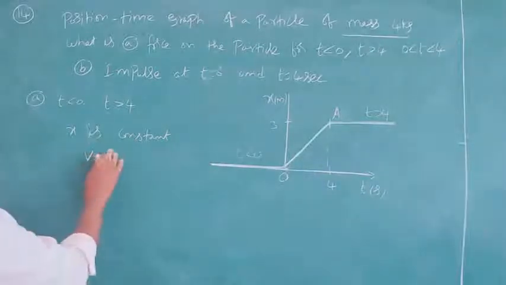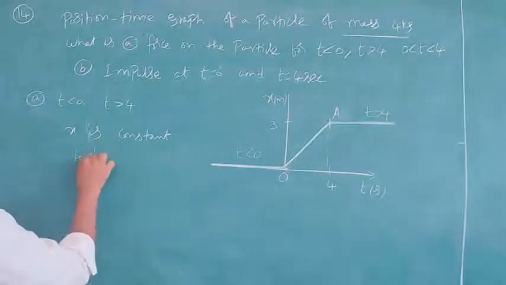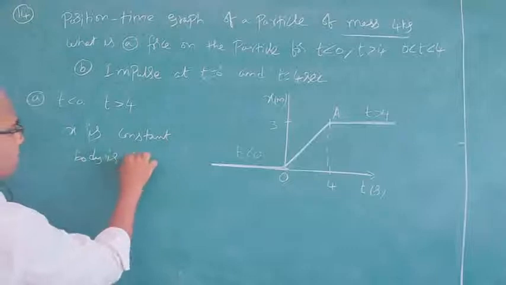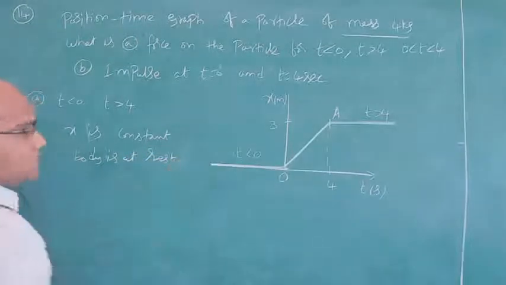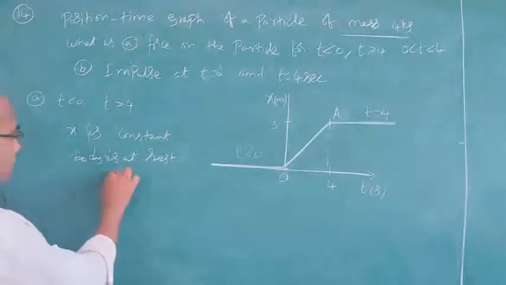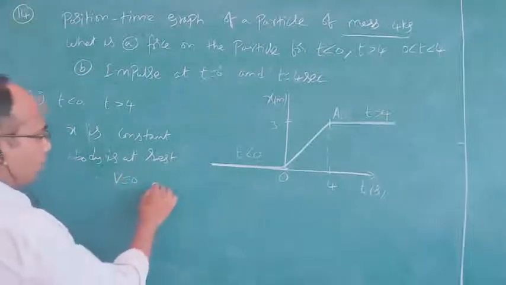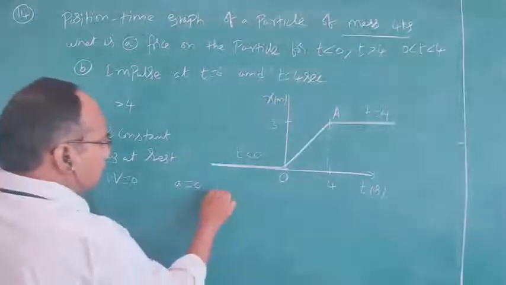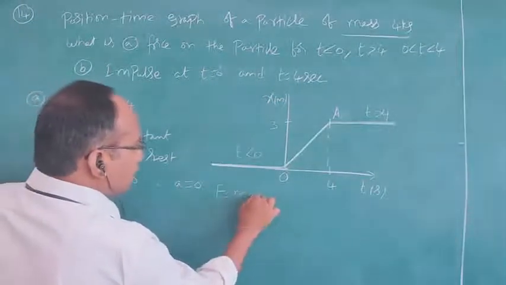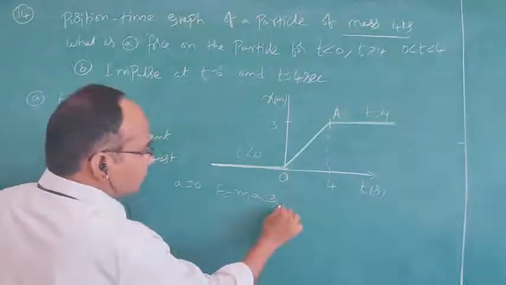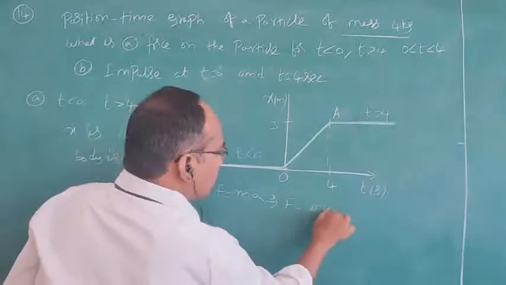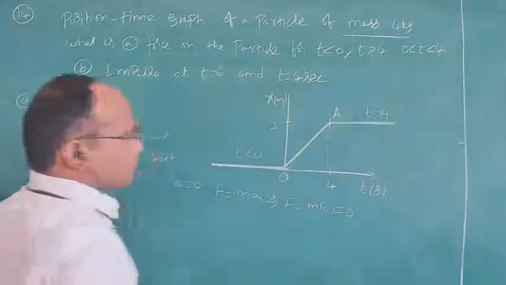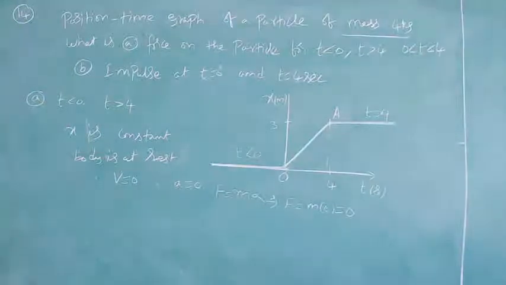We can say that the body is at rest. Therefore velocity is 0, and therefore acceleration is also 0. So what is the value of force? F equals m into a. A is 0, so F is equal to m into 0, that is nothing but 0. Okay, so the net force is 0.